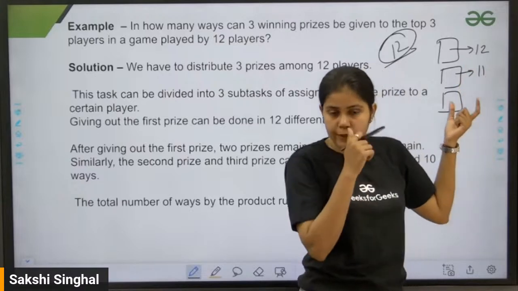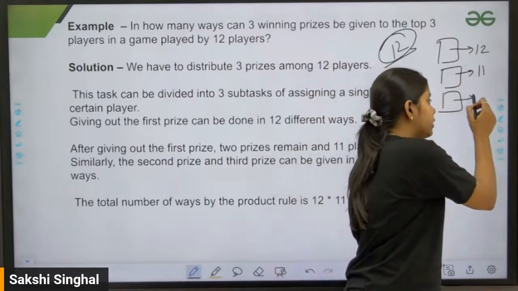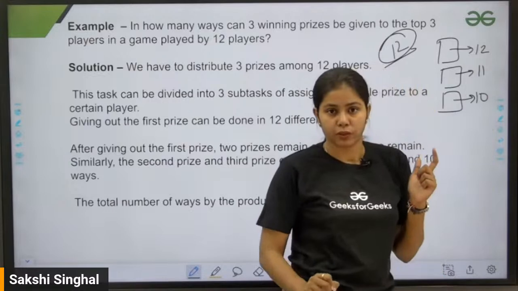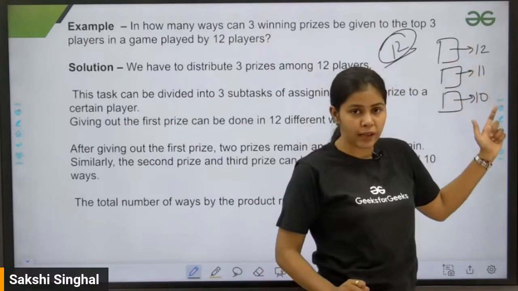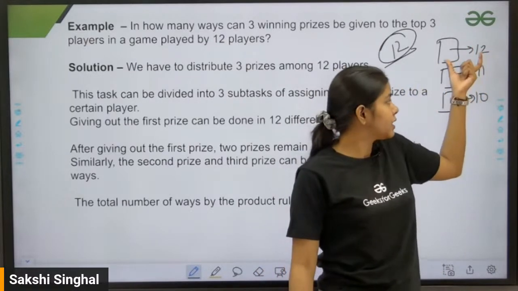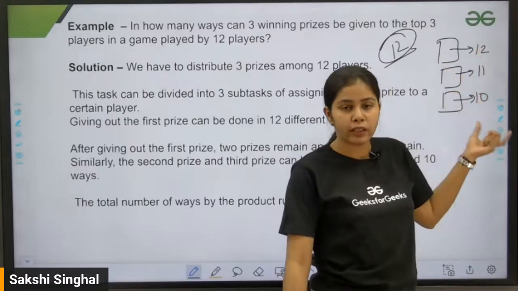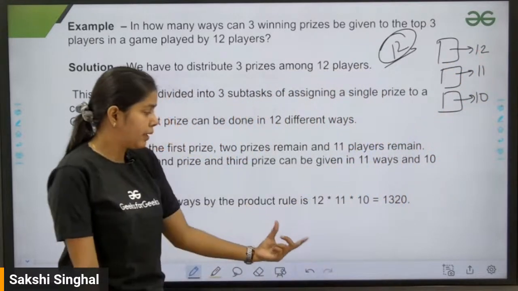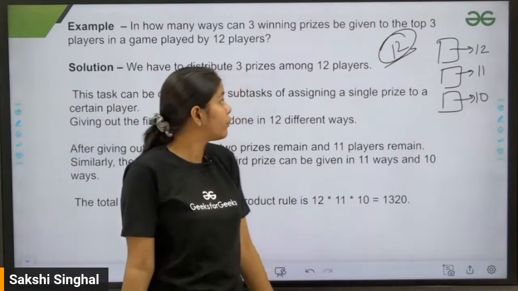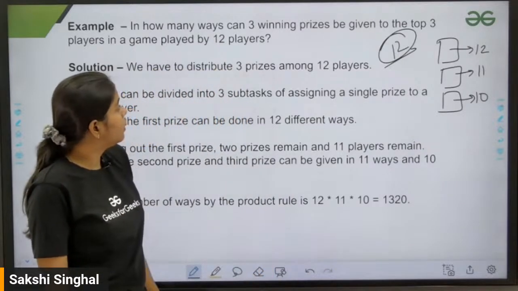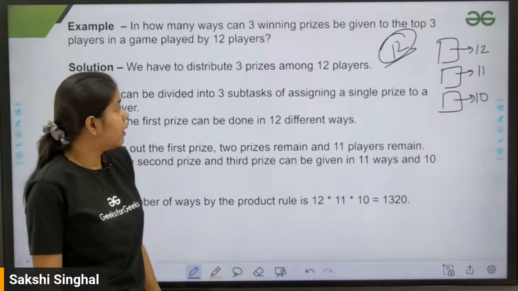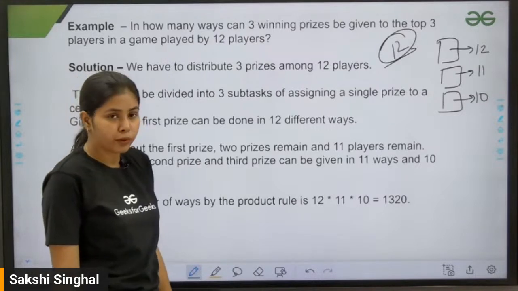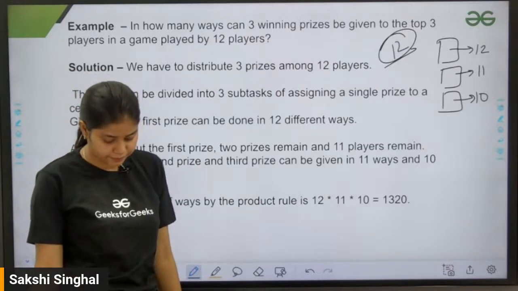For the second prize we have 11 players option, and for the third prize we have 10 players option, right? Because it gets divided into three subtasks, n1, n2 and n3, so it gets multiplied. 12 into 11 into 10 will give me the number of ways to give three winning prizes to the 12 players.